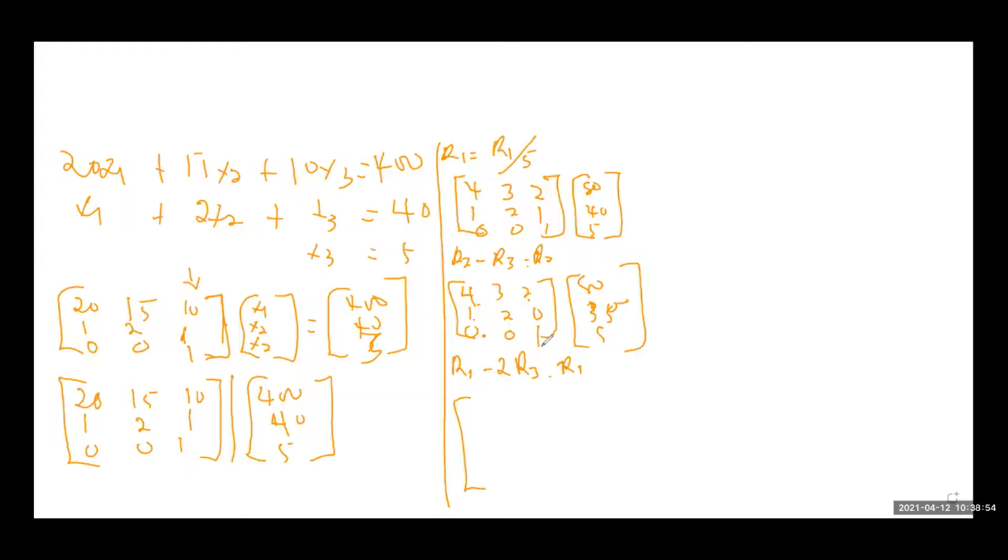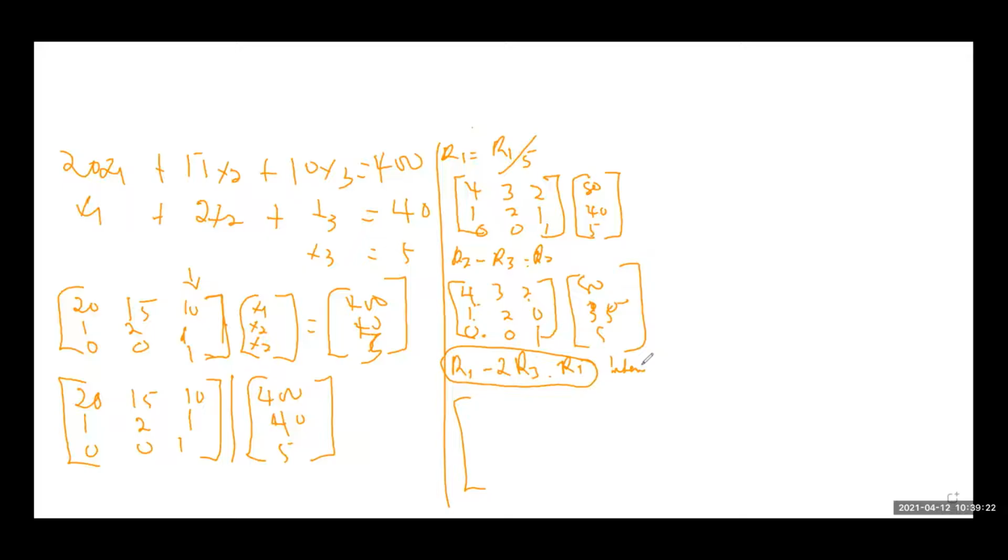Sir, please, how about we interchange row 1 and row 2? Okay, so let's hold on to this suggestion first. We'll come back to that. So let's interchange row 2 and row 1. Is that what you said?